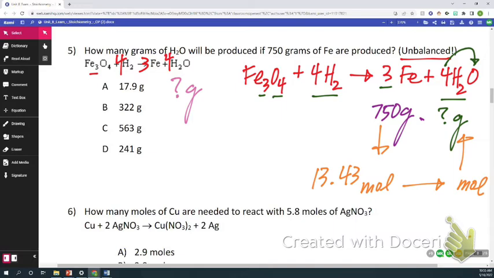Now the question is, what's the mole ratio? The mole ratio train. I'm going to a 4. I have to go to the question mark. They want to know about H2O. I'm going to a 4 and I came from a 3. So it's this times 4 divided by 3. And that gets me 17.91, something like that, moles.